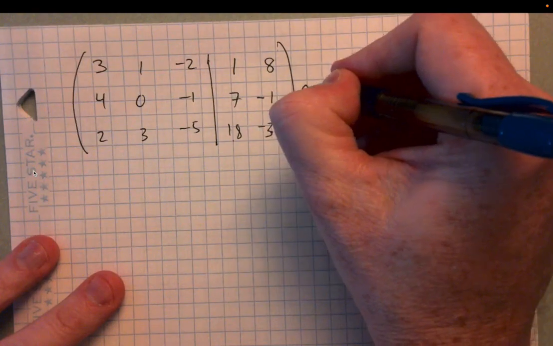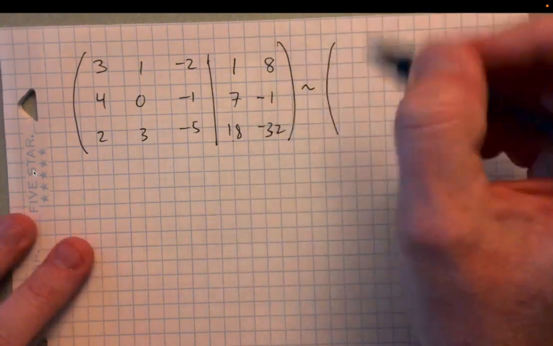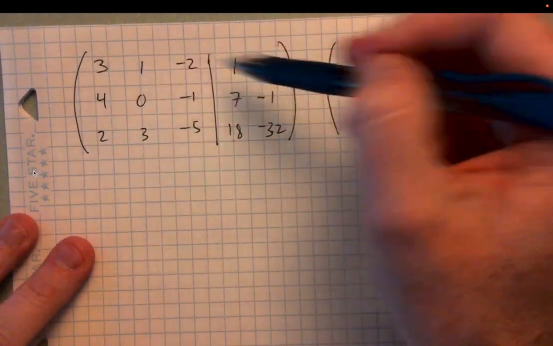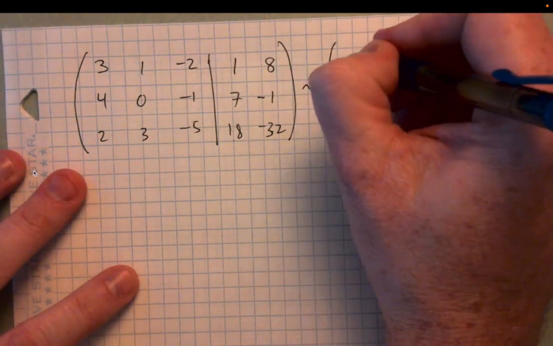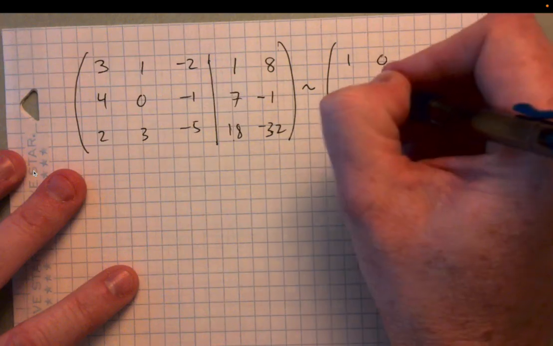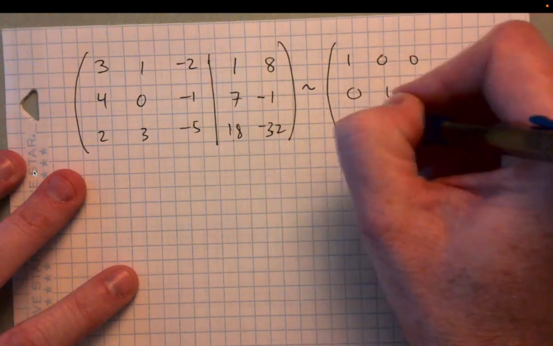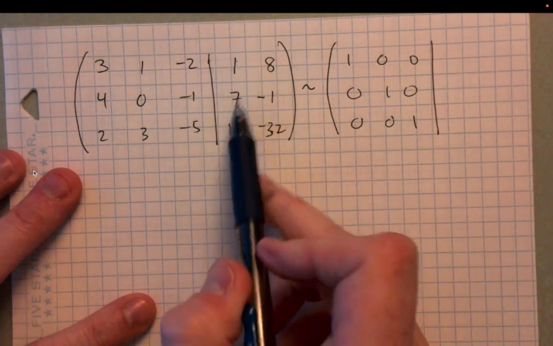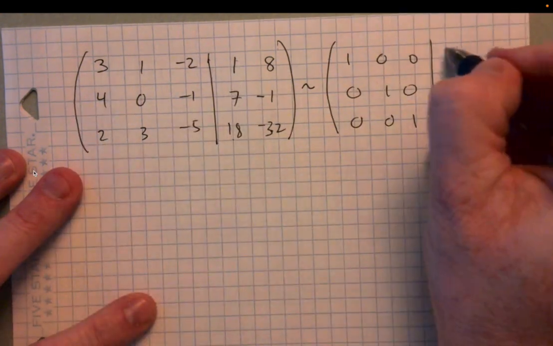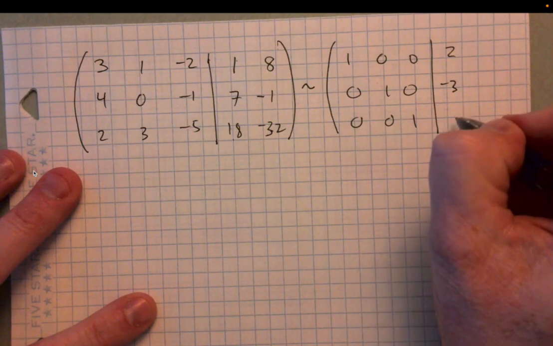And indeed, when I run through the row operations, and you can confirm this by putting this into reduced row echelon form, what you'll find is that you get a matrix that looks like this: 1, 0, 0, 0, 1, 0, 0, 0, 1 for the coefficient matrix. And then this column, 1, 7, 18, gets converted into 2, negative 3, 1.